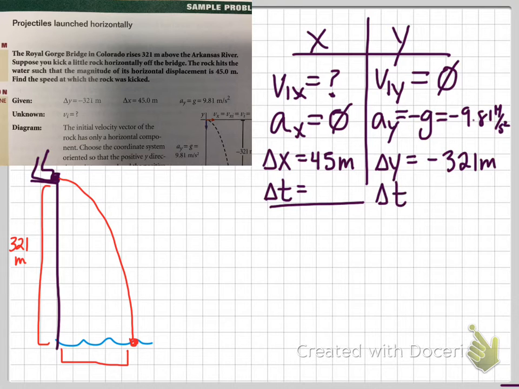So I do this as a reminder to myself that time is the thing that's going to tie together our two axes. This was a huge breakthrough for me about 6 years ago when I realized that I had been doing this, but in terms of presenting it this way and thinking about it this way, listing it this way gives you that reminder that the thing that's going to tie together your axes is time.